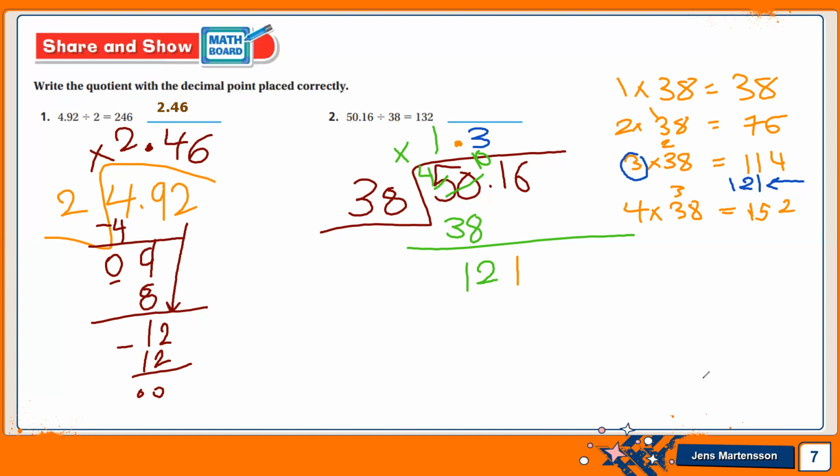Then 3 times 8, 24. 3 times 3, 3 multiplied by 3, plus 2, 11. Then this is 11. This is 1. Yalla. 11 minus 4. 7. 0, 0. Then what do you have to do next?